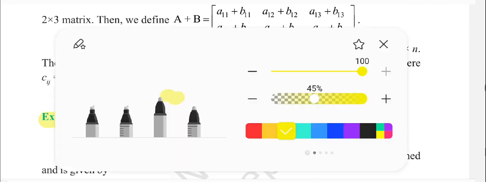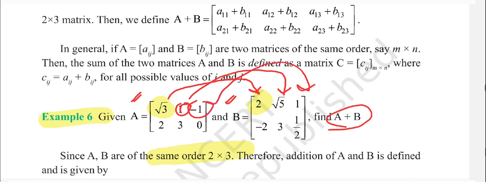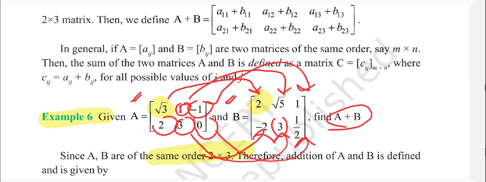How will we add them? For addition purposes, we will add the corresponding entries. That is, root 3 will be added with 2. The entry 1 is added to root 5. The entry minus 1 is added with 1. 2 will be added with minus 2. 3 will be added with 3. 0 will be added with half.